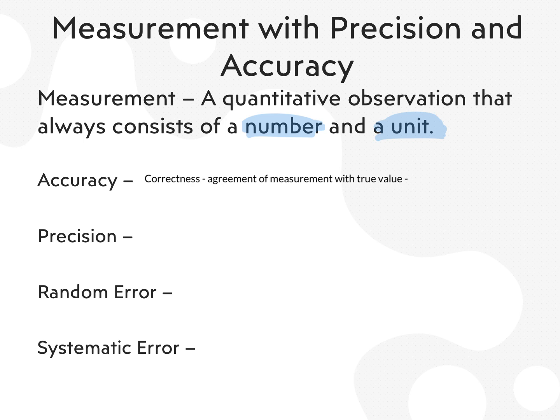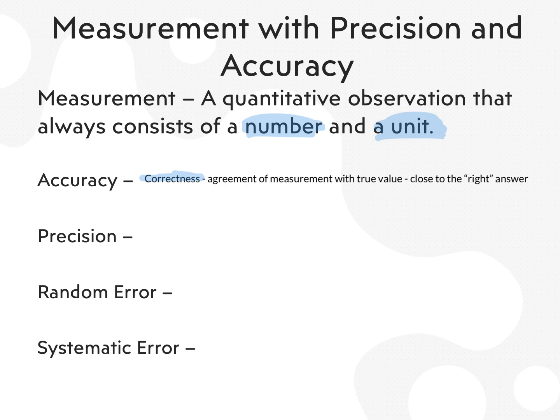It is how close you are to the right answer. So that is my accuracy: how close you are to what the right answer is supposed to be, or how correct you are.